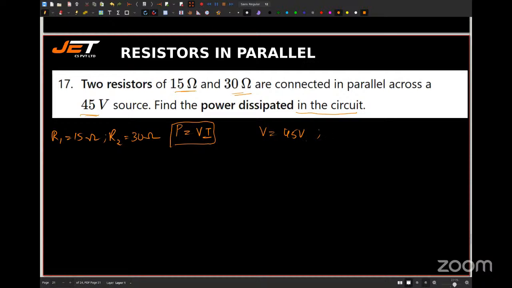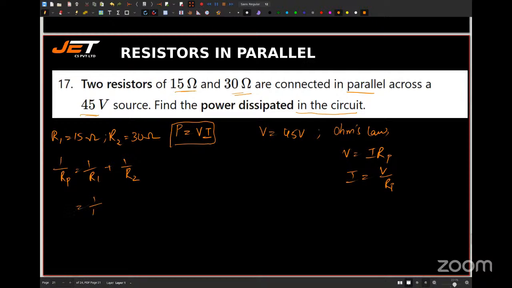So by using Ohm's law, we'll find out what is I. V is equal to IR, right? What will be I is equal to V by RP. Here, because it is parallel, we take it as RP. So this is important in this question: parallel. So 1 by RP is equal to 1 by R1 plus 1 by R2.